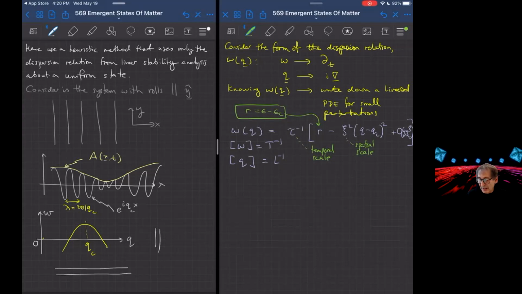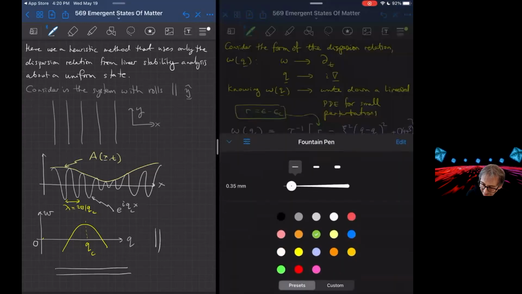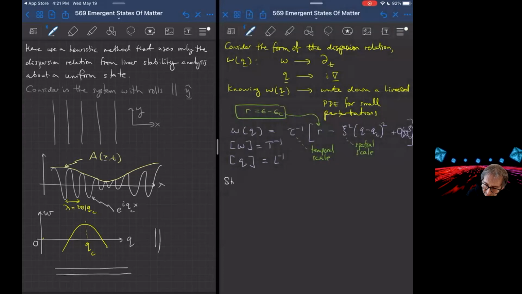So the way that the argument works is to take our particular pattern state and modulate it by a spatial amplitude with some structure, with some wavelength q. So the strategy now is we're going to use the uniform dispersion relation.